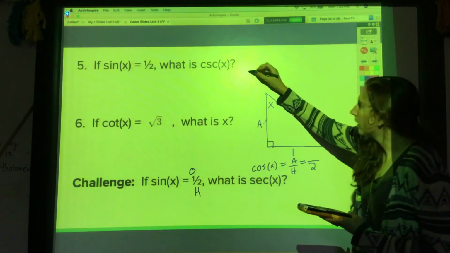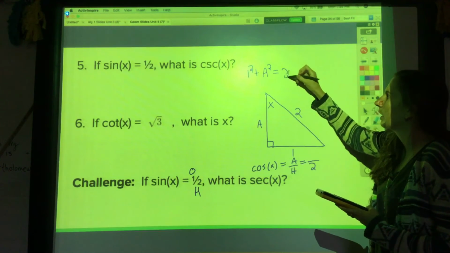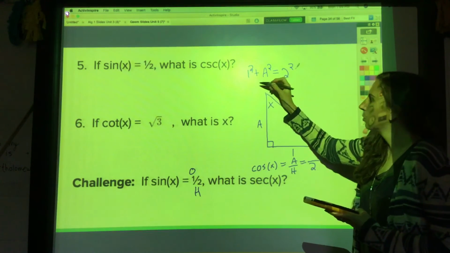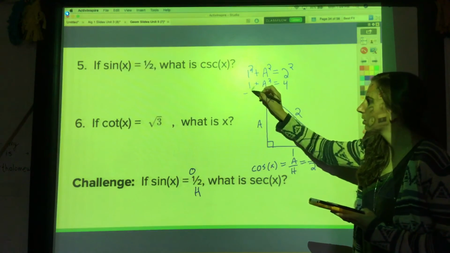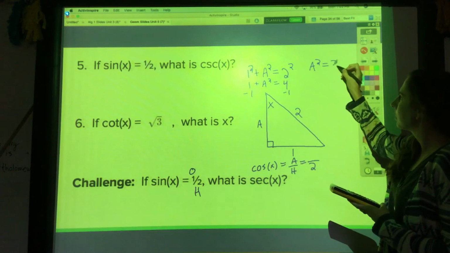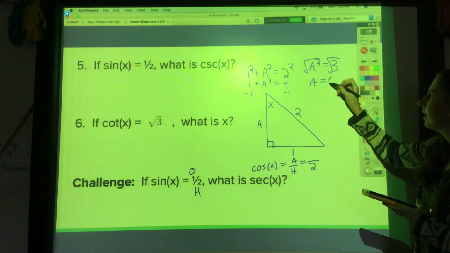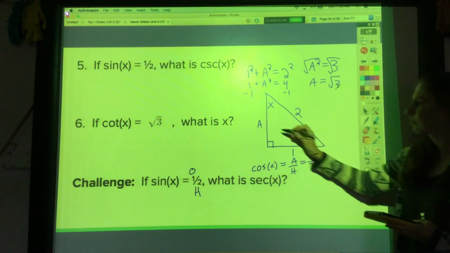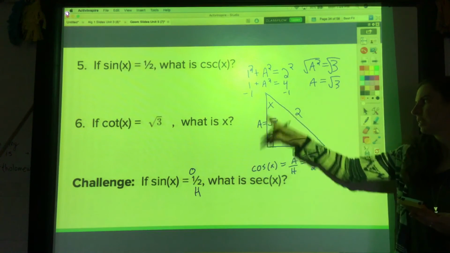So 1 squared plus the adjacent side squared equals the hypotenuse squared. 1 squared is 1. 2 squared is 4. Subtract 1 from both sides. So A squared equals 3. Then square root. So A is the square root of 3. So all that was just Pythagorean theorem to find this missing side here.